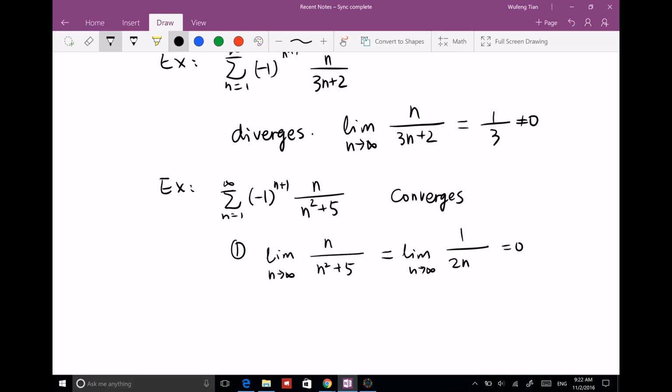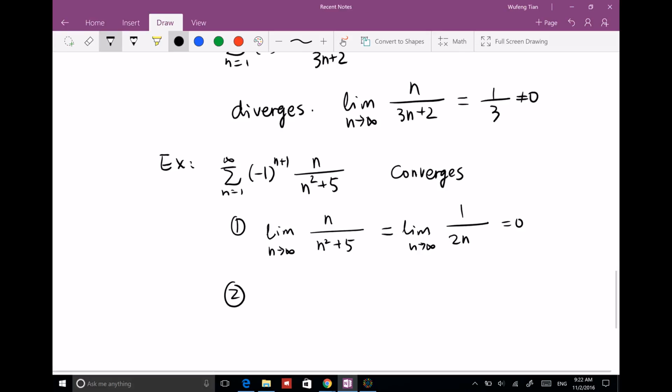Okay, so this is the first condition. Second condition: when we add 1 to the n in n over n squared plus 5, that's going to be less than the original n over n squared plus 5. So you have n squared plus 5, and then this one is n plus 1 squared plus 5, over n plus 1.